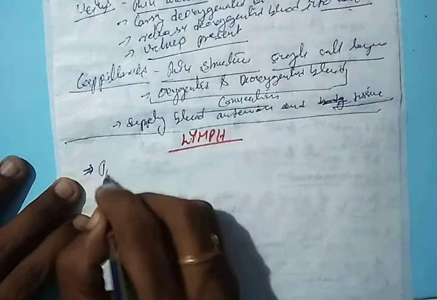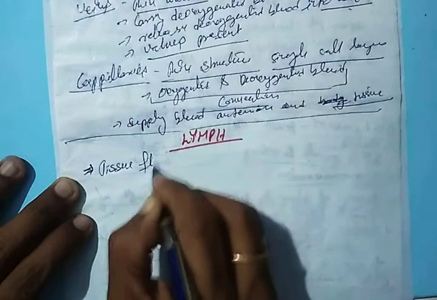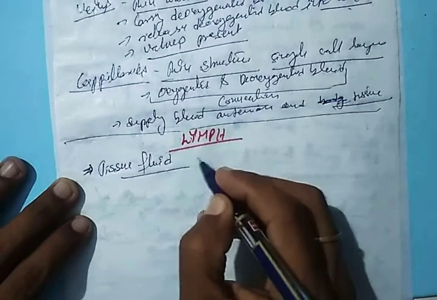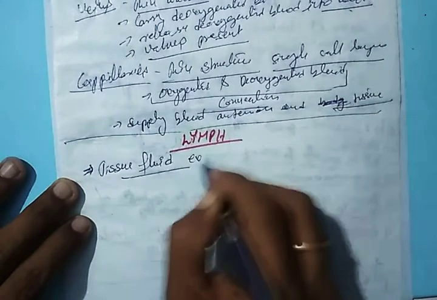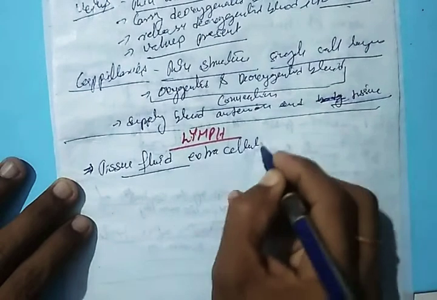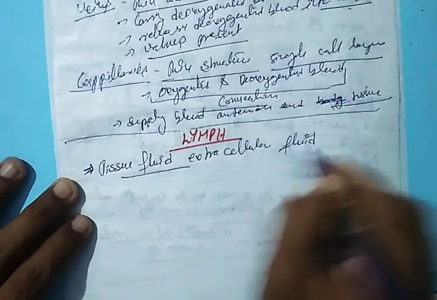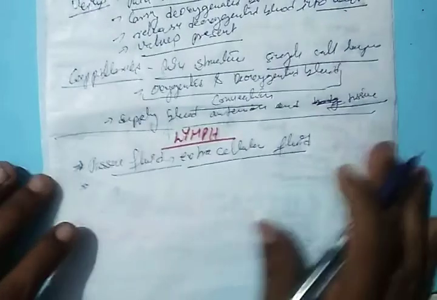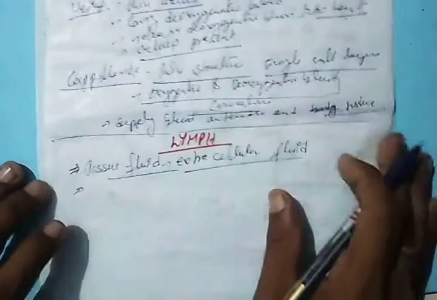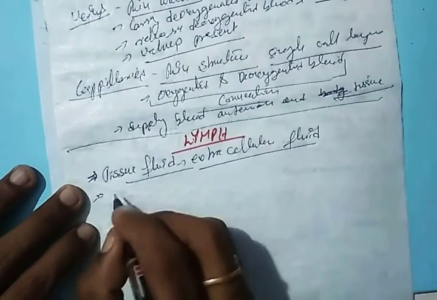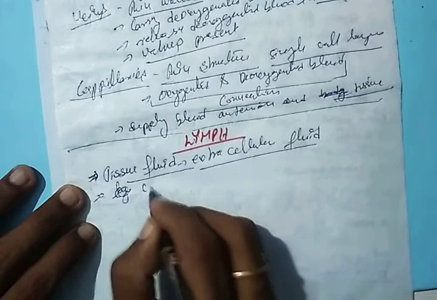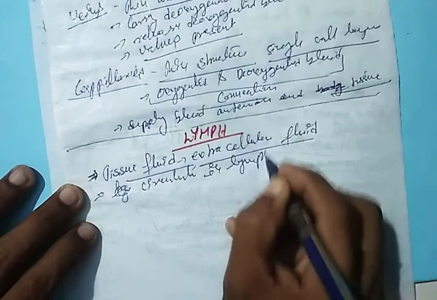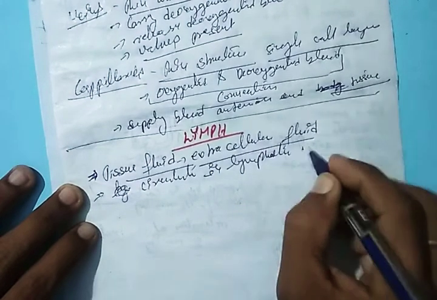It is tissue fluid which is present as an extracellular fluid. It circulates in the body in separate vessels which are called lymphatic vessels.